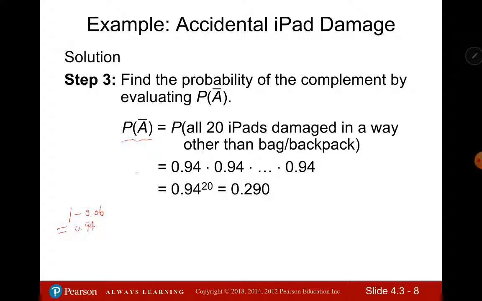So this is how we get 0.94, right? The first one, not in backpack. Second one, not in backpack. And the third one, and so on. All of the 20 iPads were not damaged in a backpack, or we would say damaged in a way other than backpack. So we find the probability by using the multiplication rule, because each selection is independent.